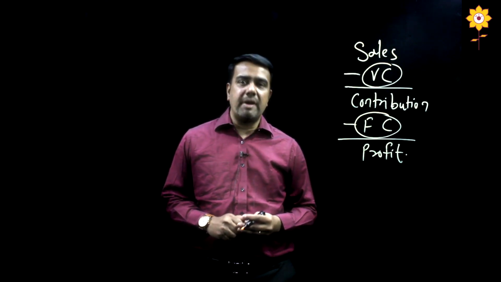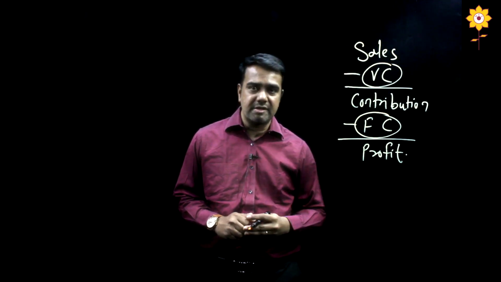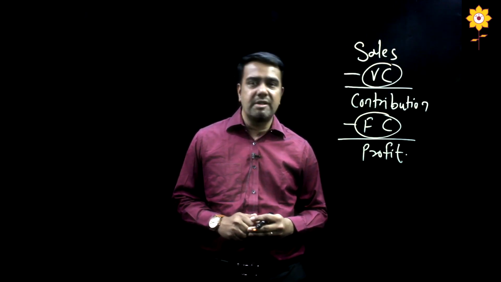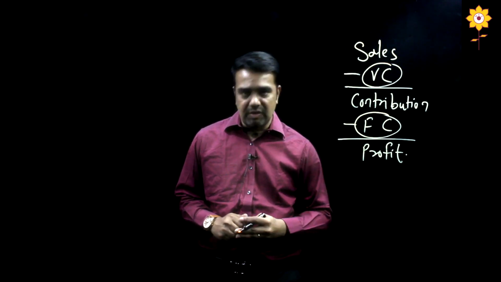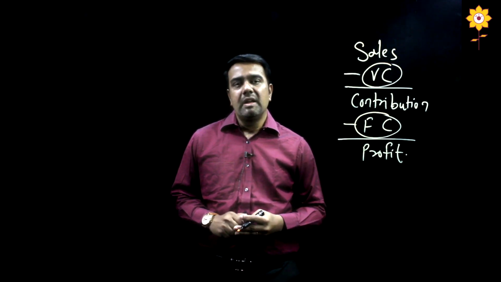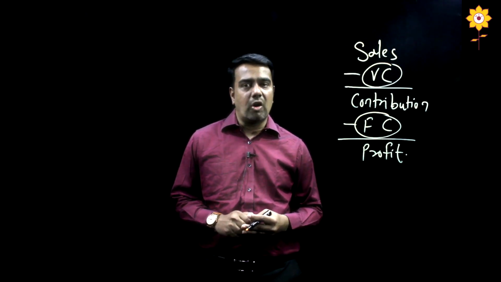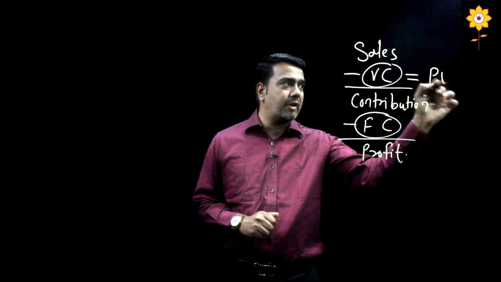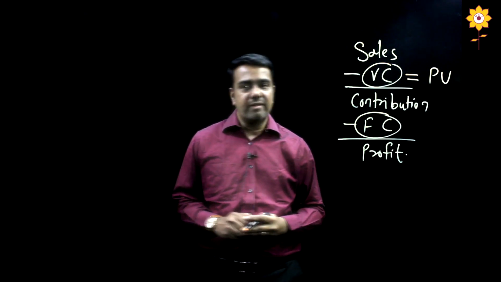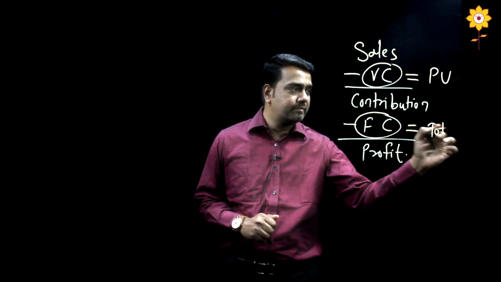The cost which depends on number of units is called as variable cost, whereas the cost which depends on the time period is called as fixed cost. Now variable cost will remain constant per unit, whereas fixed cost will remain constant in total.